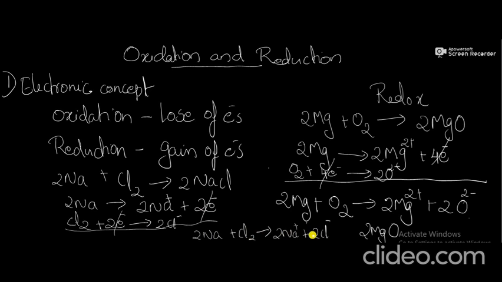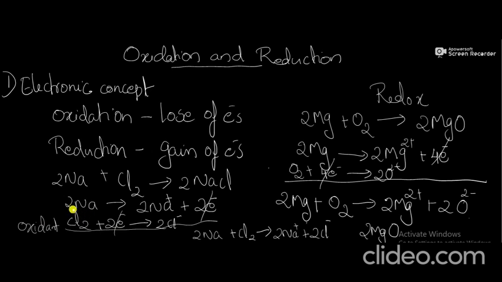Here chlorine brings about the oxidation of sodium by removing electrons from sodium. So chlorine acts as an oxidizing agent, an oxidant, and itself undergoes reduction.